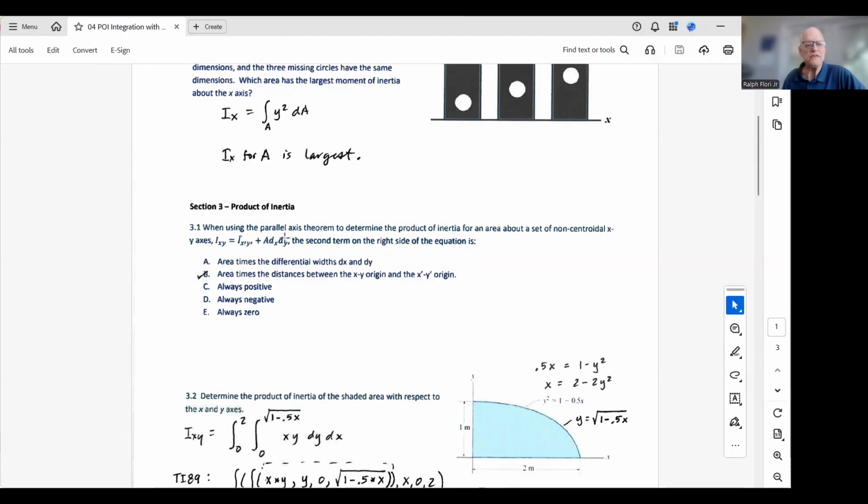And so that's the proper answer. A is not correct. C is not necessarily true, D is not necessarily true, and E is not necessarily true. The terms can be positive, or they can be negative, or they can be zero, either way.